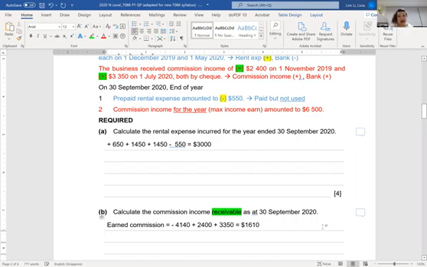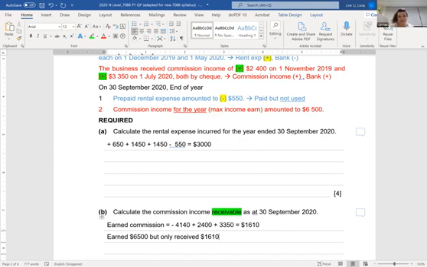But the question tells me that the commission income that I earned this year is actually 6500. So what does it mean? It means that I haven't received some of the money yet. I earned 6500, but only received 1610. I only received a small portion of the 6500.